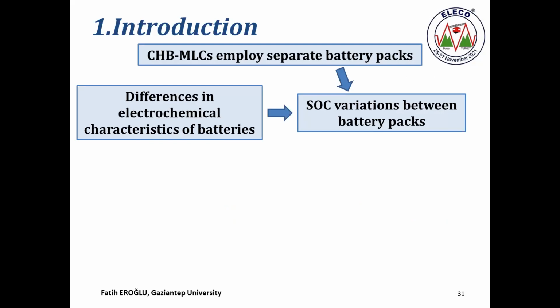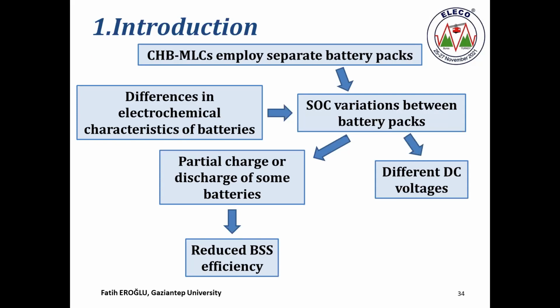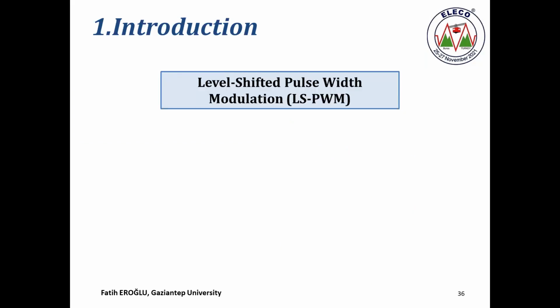The results of these SOC variations are partial charge or discharge of some batteries, and this causes a reduction in battery storage system efficiency. The other disadvantage is different DC voltages caused by different SOC values between battery packs, and this results in a distorted output waveform at the output of the multi-level converter. That's why we need SOC balancing.